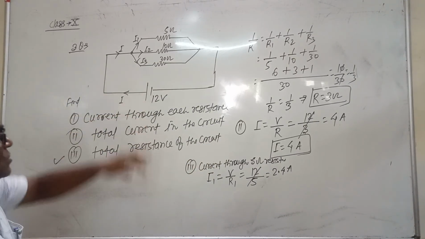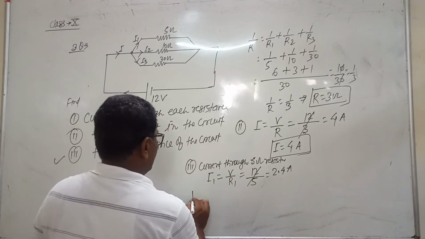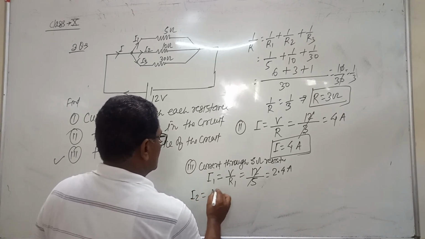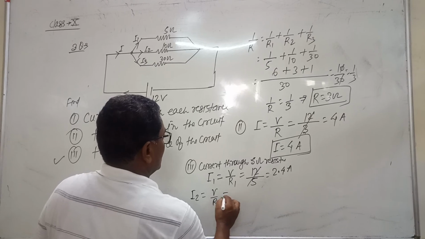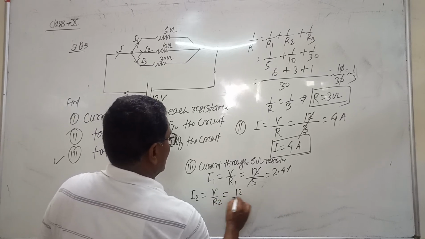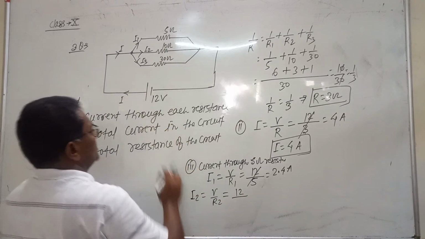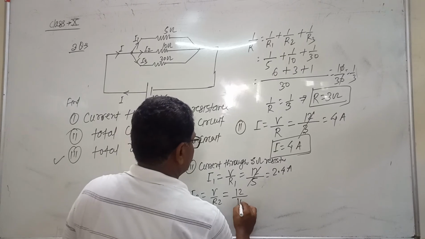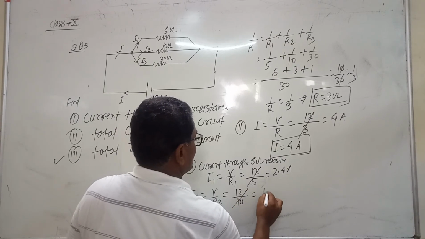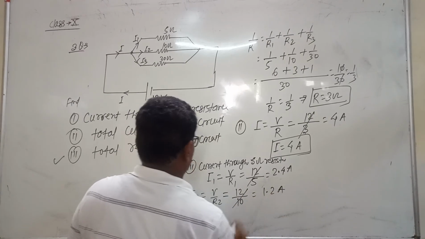Now the current through the 10 ohm resistance: I2 equals V by R2. V is 12 and R2 is 10 ohm. So this is 1.2 ampere.